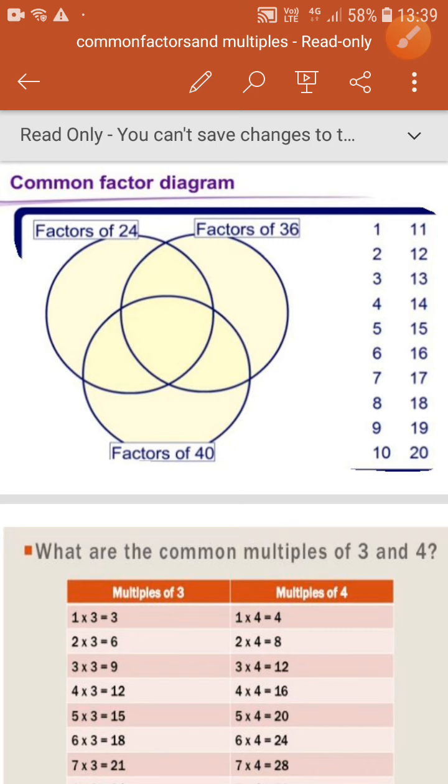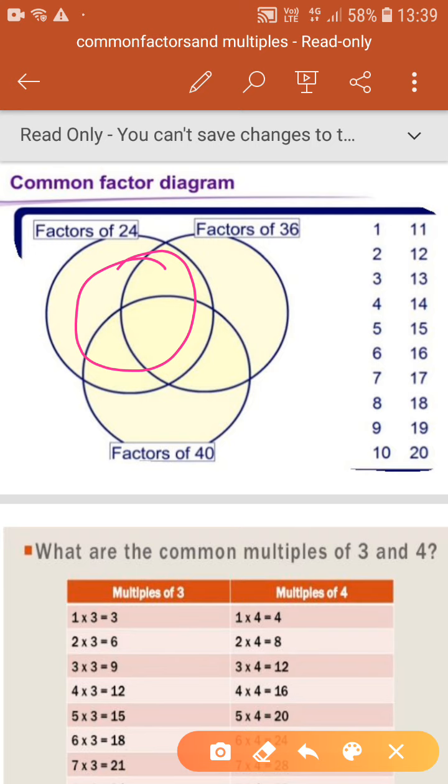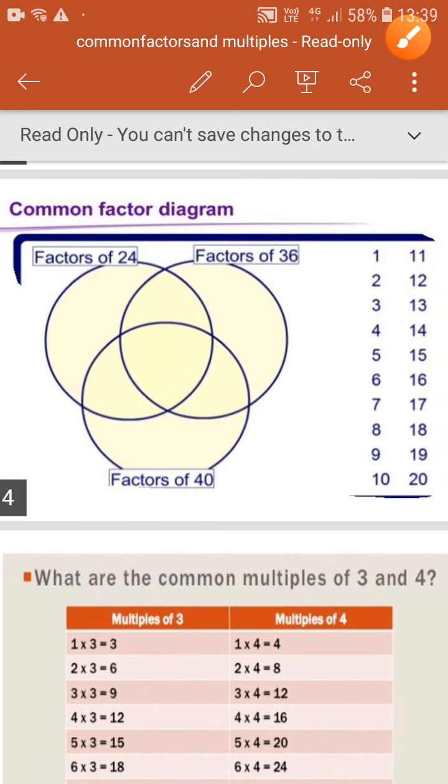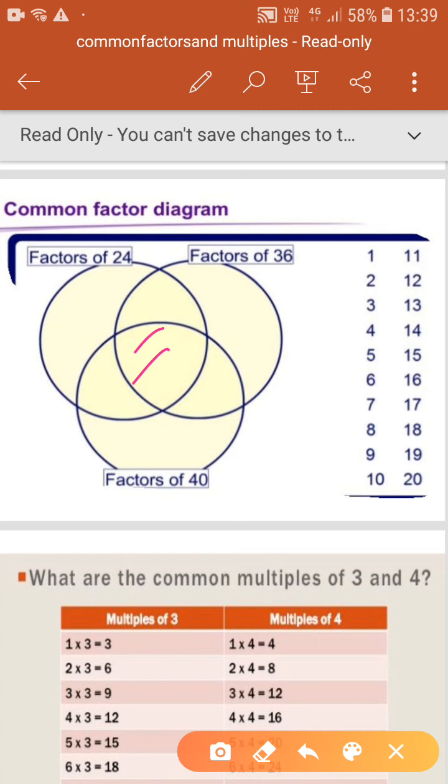You can see in these circles, they are intersecting, and this is a common part. This particular part belongs to all three circles. So the factors which belong to this part will be called the common factors of all these three numbers.